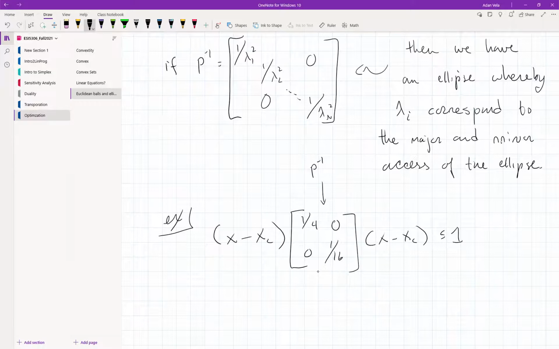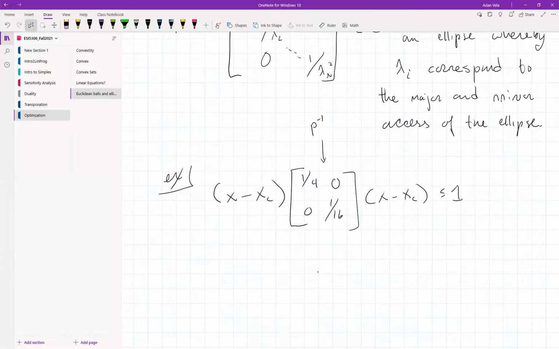So if we went through and started doing this multiplication, and I'm going to do it in 2D, this quantity here is just a vector, and that needs a transpose. So it's going to be a vector that looks like x1 minus xc1, and then x2 minus xc2.